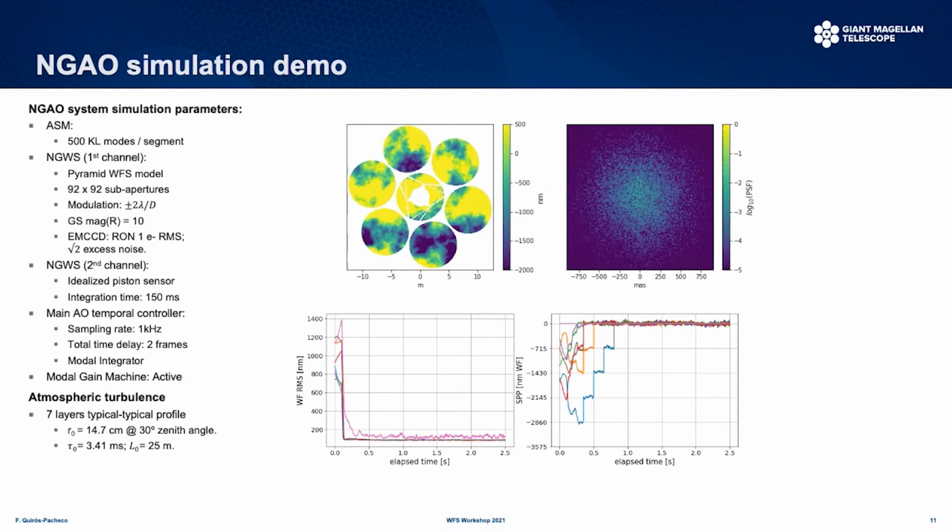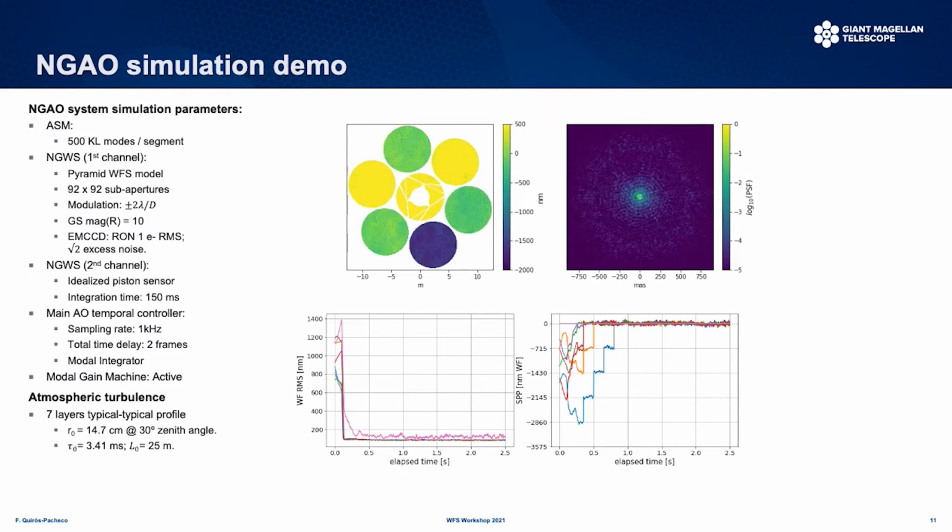In this slide we show an NGO simulation demo under median seeing conditions and with a bright guide star. Once the AO loop is closed, the wavefront error over each segment converges rapidly, and the remaining errors are segment pistons that are recovered gradually by the second NGWS channel.